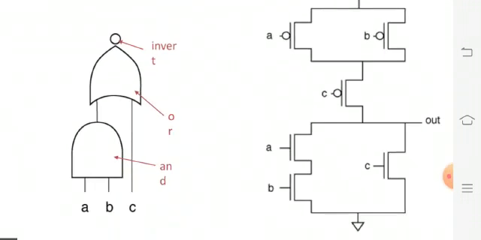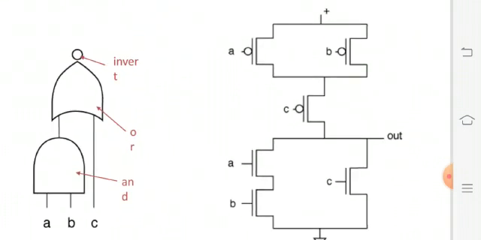Say the AOI example: we have an AND, then an OR and an inverter. This is a logic diagram. With the help of the logic diagram we can go for the VLSI circuits using PMOS and NMOS. You can compare the two circuits. First we have an AND, then an OR, then an inverter. So the diagram resembles AOI.